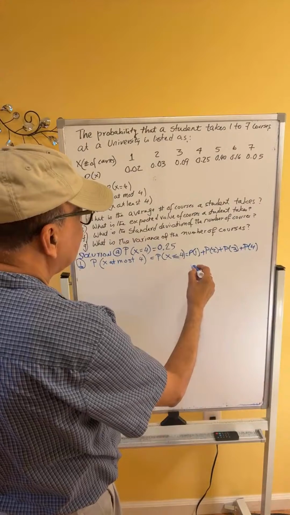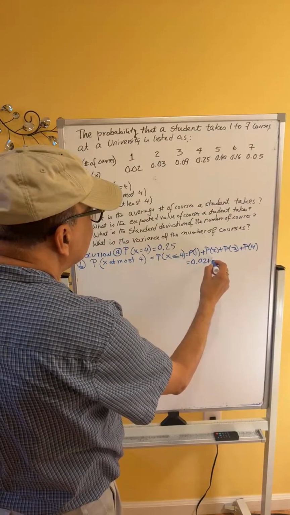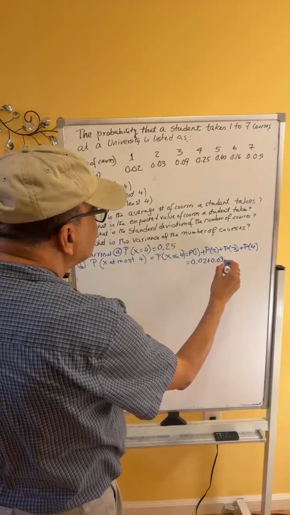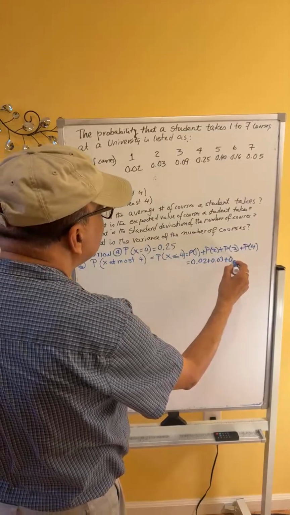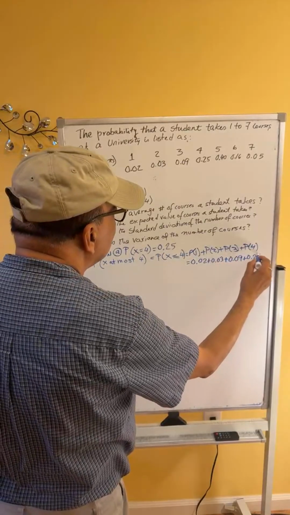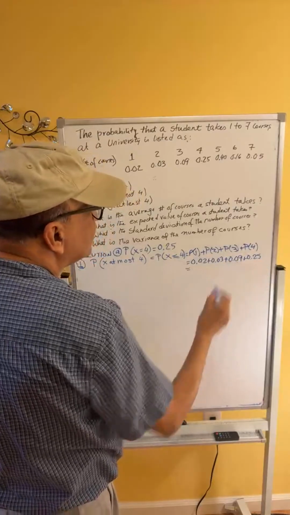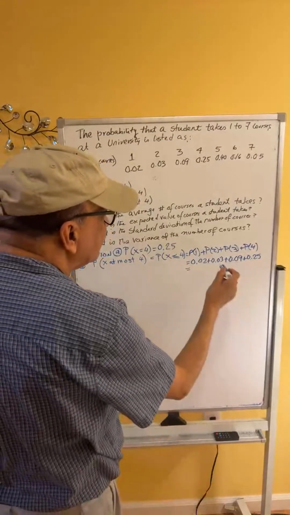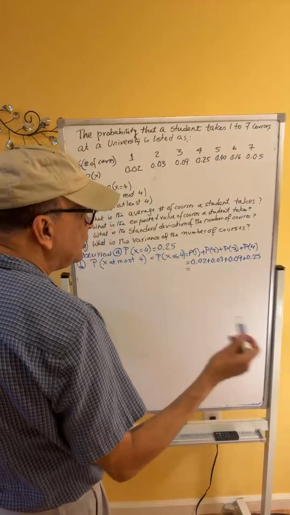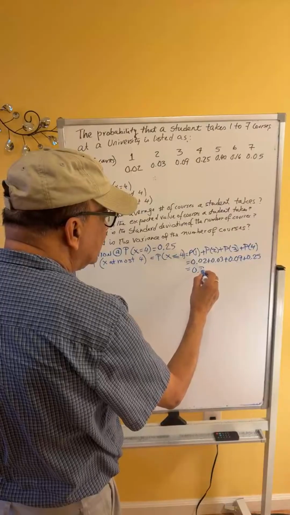So that is equal to 0.02 plus 0.03 plus 0.09 plus 0.25, and that is equal to 0.25 plus 0.09 is 0.34 plus 0.03 is 0.37 plus 0.02 is 0.39.